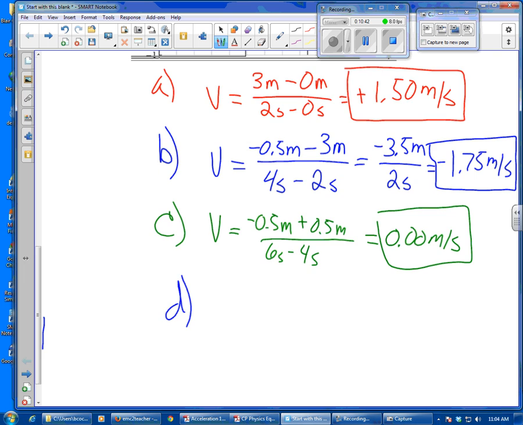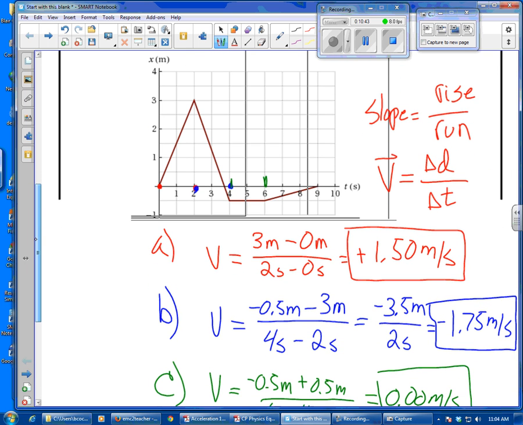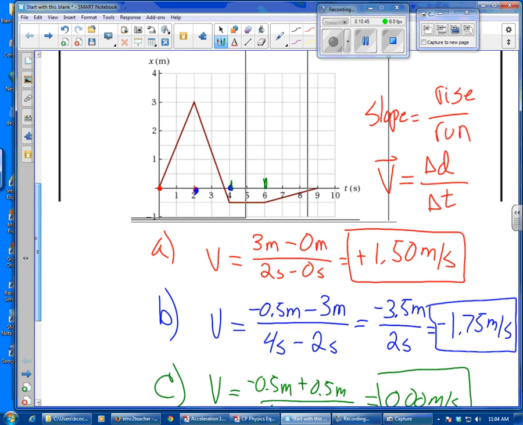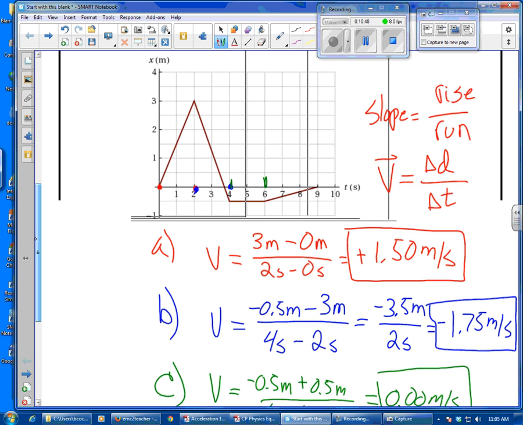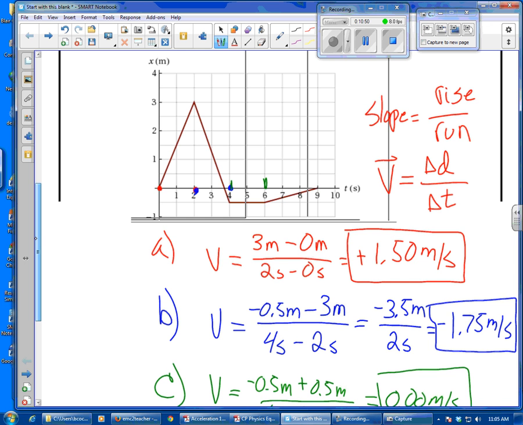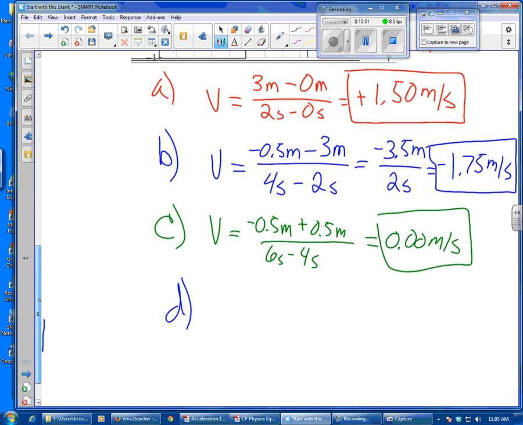And then part D, let's see, I end up at 0. I start at negative 0.5, and I go for 3 seconds. So I end up at 0 meters. I start at minus negative 0.5 meters over 9 seconds minus 6 seconds.